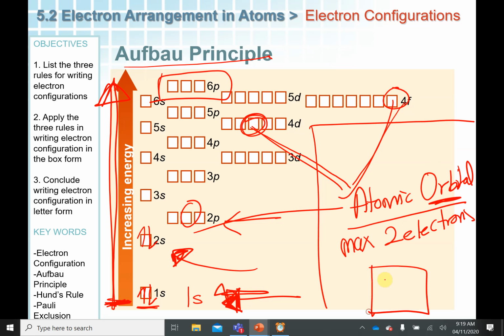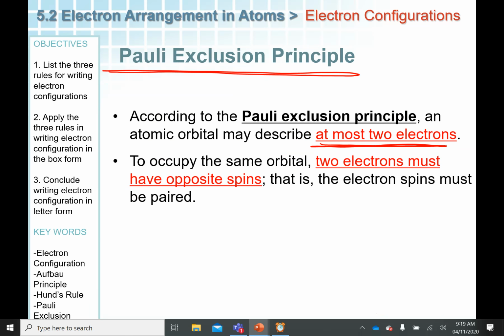So this is our orbital, 1 electron, 2 electrons. Okay? And keep in mind, each orbital holds 2 electrons that must have opposite spins. Opposite spins that should be paired.